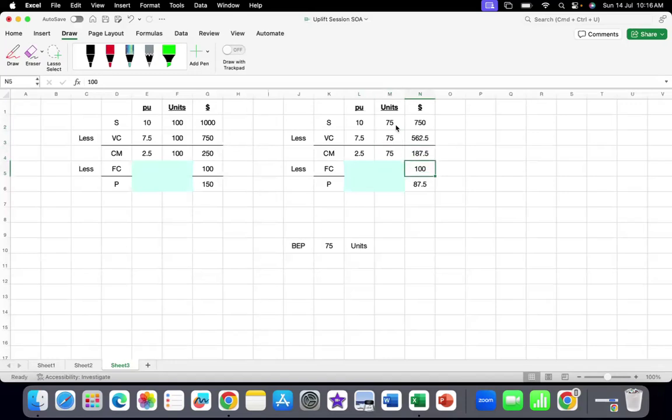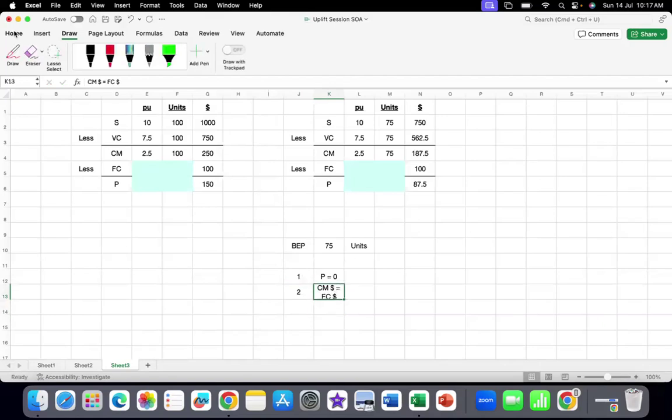So what does a break even point mean to you? Break even point means that the profit should always be equal to zero. That is, you are at no profit, no loss position. Or your fixed cost is equal to your contribution. So it's not the case right here, right? So what is the definition of a BEP? BEP means either your profit is equal to zero, that is no profit no loss, and the second is your contribution margin dollar value is equal to your fixed cost dollar value.